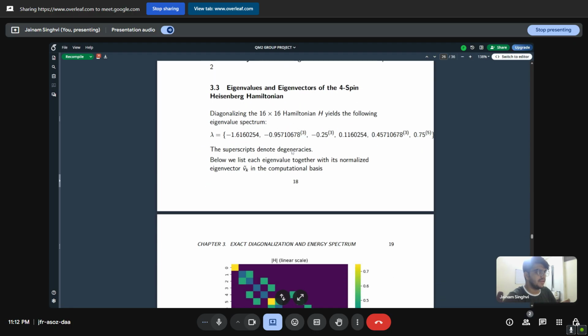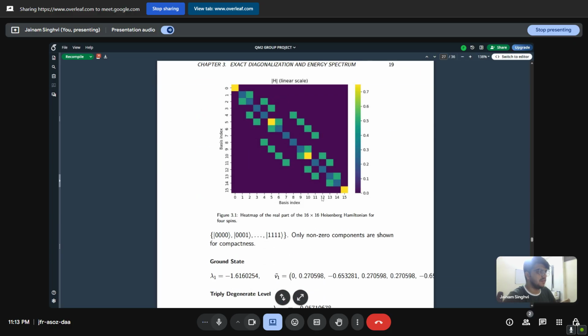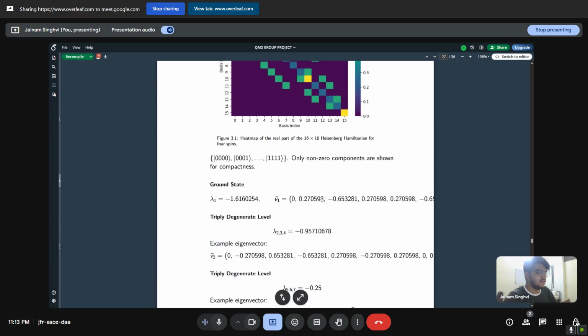When we diagonalize the 16 cross 16 Hamiltonian, the following eigenvalue spectrum is received. The superscripts denote the degeneracies. These are the ground state eigenvalues.